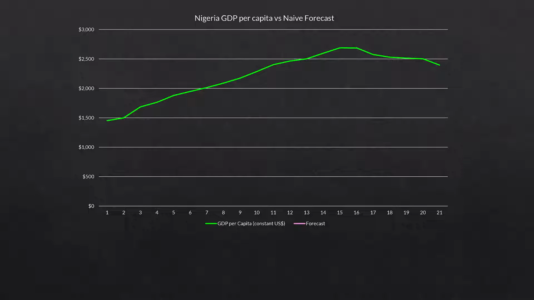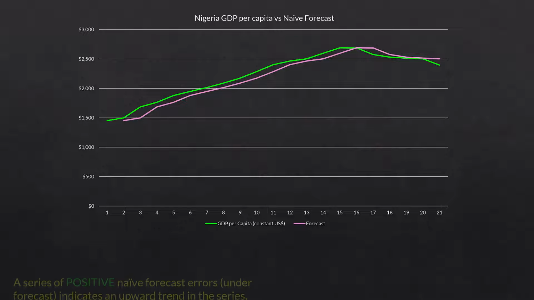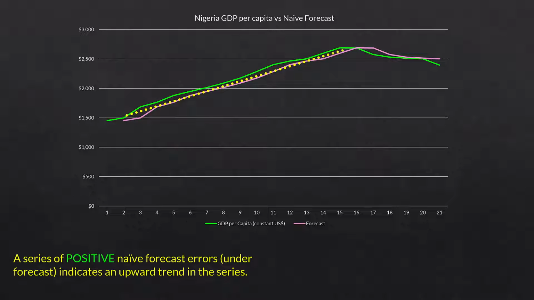Here is a graph of the GDP per capita for Nigeria over that 20-year period, there in the green line. The forecast value is just a mirror of that, shifted over to the right into the future, one time period. We can see that a series of positive naive forecast errors, which are under forecasts, indicates an upward trend in the series because the forecast cannot keep up with the trend, therefore there's a gap between the two.